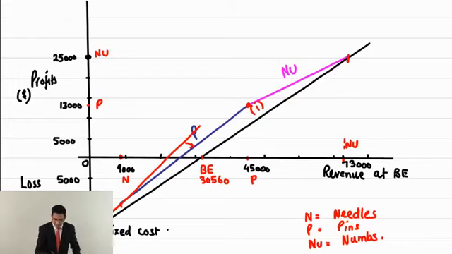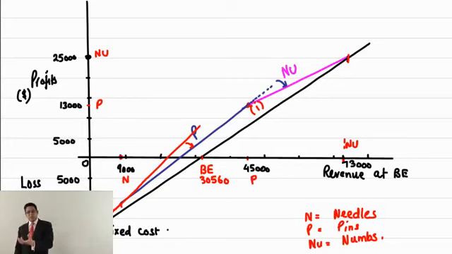This blue line was supposed to go this way, but as soon as we added nums, again a tilting downwards trend. And that tells us needles had the highest contribution generating potential, P had slightly lower, and nums had the lowest one. First, you can see which product is more profitable than the other.